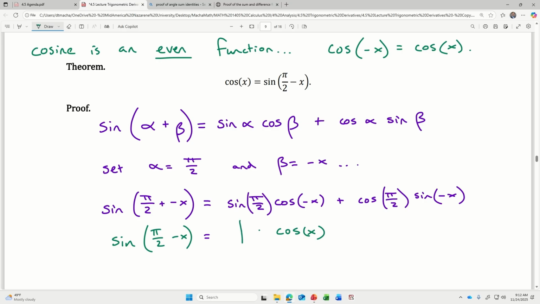You should know that from your unit circle stuff. What's cosine of pi over 2? Cosine of pi over 2 is 0 from your unit circle. And so that means sine of pi over 2 minus x is equal to cosine. And that concludes your proof. If you want to know why cosine of x is equal to sine of pi over 2 minus x, you just have to use this angle sum identity again.